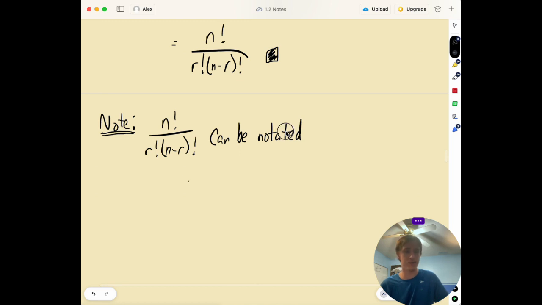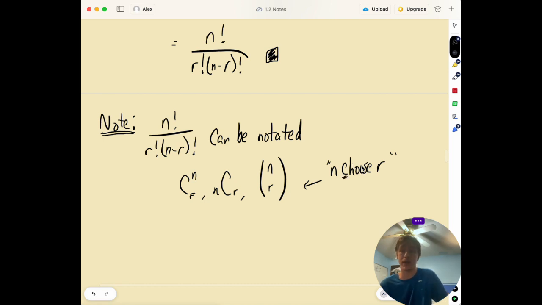The book uses this notation with a subscript of r and a superscript of n, where the capital C stands for combination. A lot of graphing calculators nowadays use this notation, little n, capital C, little r. Or you'll see it in a column vector that says n and r. Usually people say n choose r, so out of n, we are choosing r. If you want to think of the C as standing for choose, I wouldn't blame you.